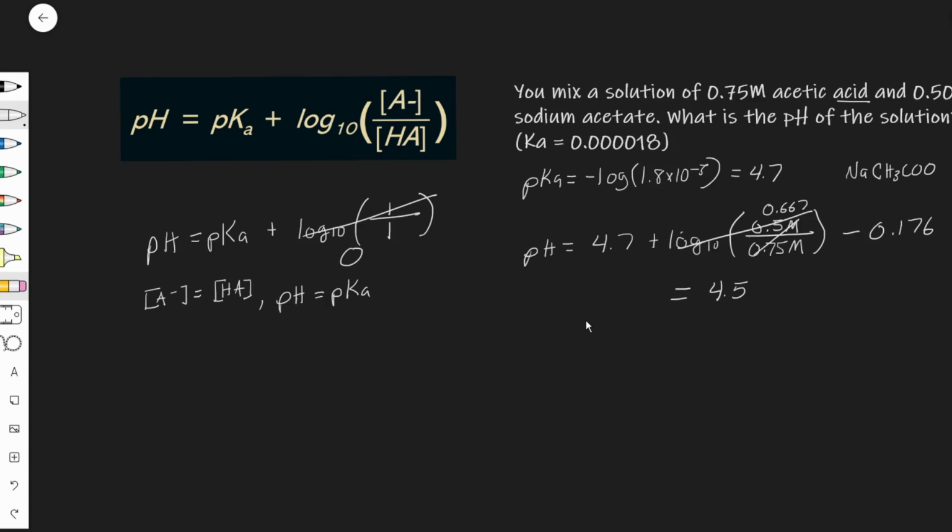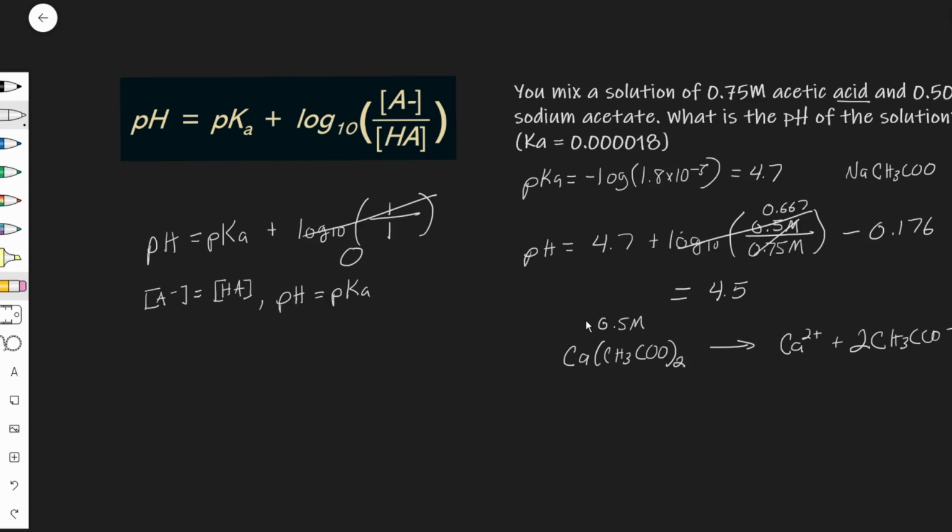One thing you want to watch out for is what if I had something like calcium acetate, for example, which would be Ca(CH3COO)2, and there'd be 2 of those. So if I had 0.5 molar solution of this, remember when this dissociates, it's going to make Ca2+ plus 2 CH3COO minus.